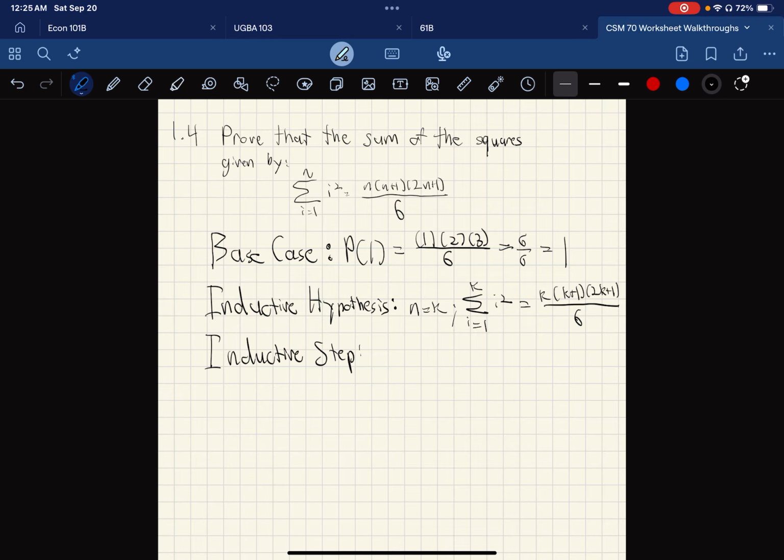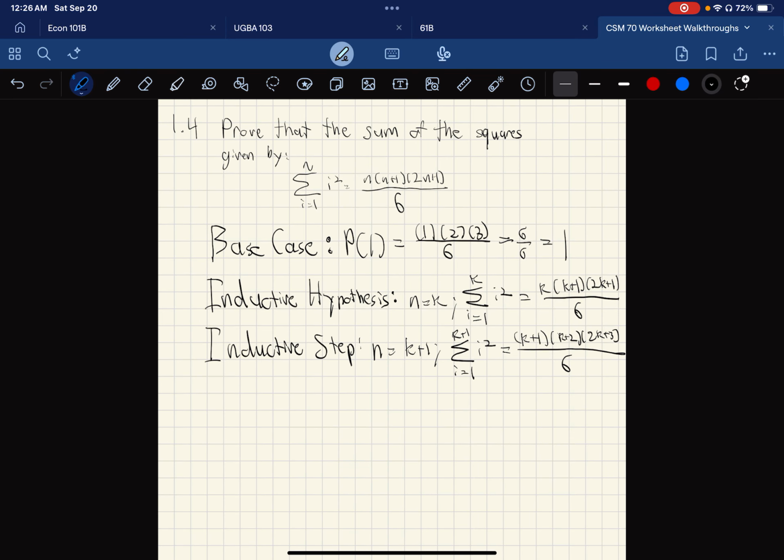We want to prove that this holds for the k plus 1th case: the sum of squares from 1 to k plus 1 is k plus 1 times k plus 2 times 2k plus 3 all over 6.